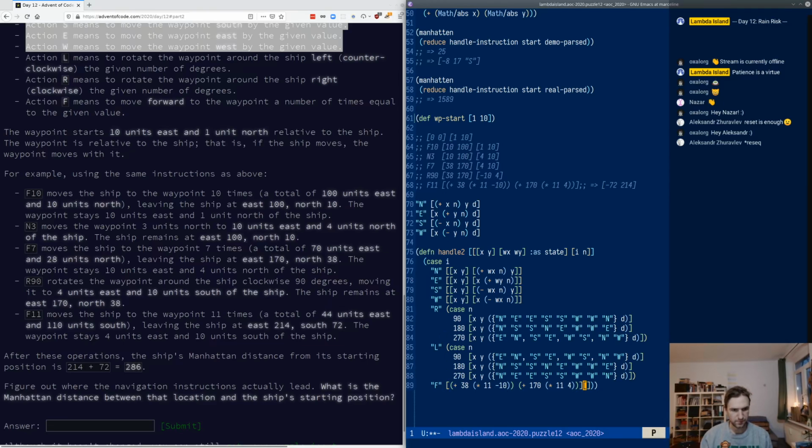So forward just means our waypoint stays the same, but here we take our current x and apply the waypoint x multiplied by the number, and then our current y plus the waypoint y multiplied by the number. And then let's do these folks.